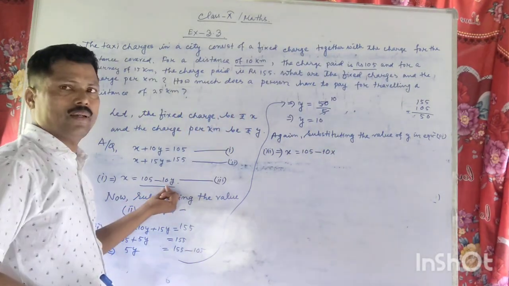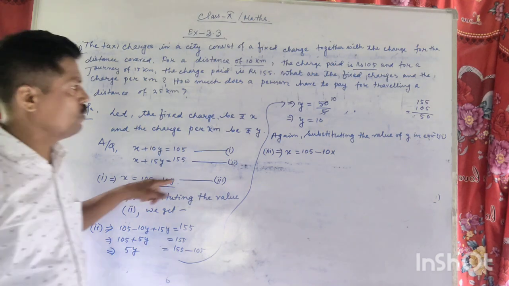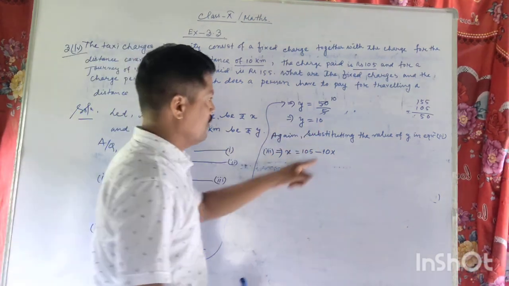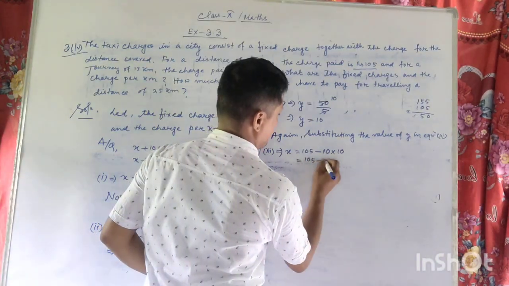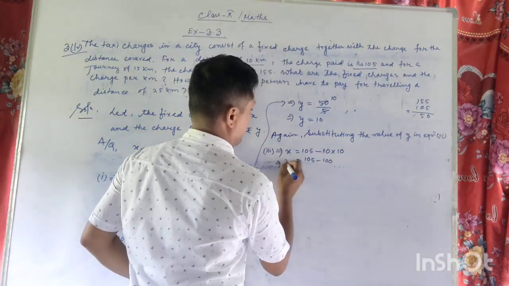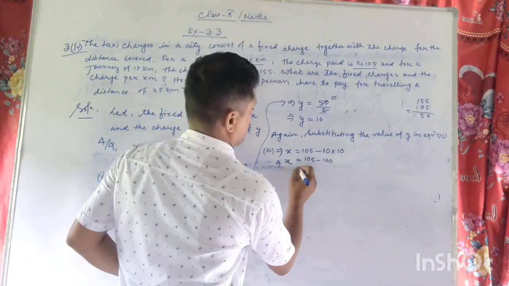Here 10y, from the y value being 10, is 10 into 10. So 105 minus 100. That means we are getting the x value as 5.